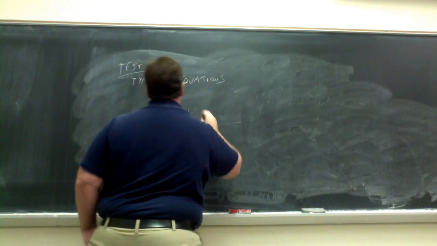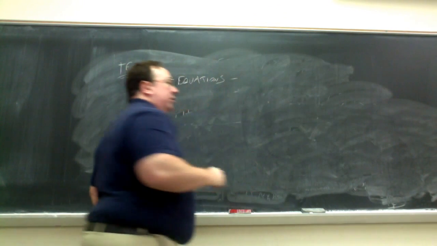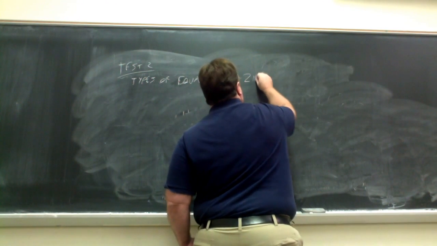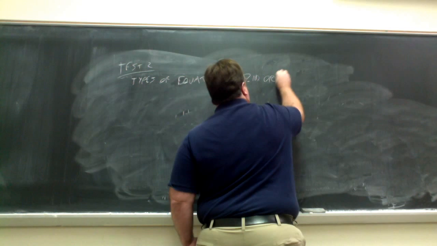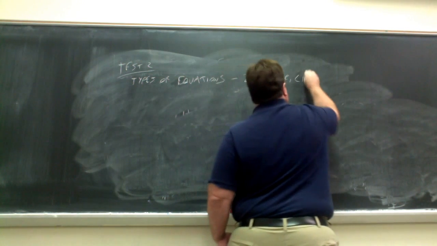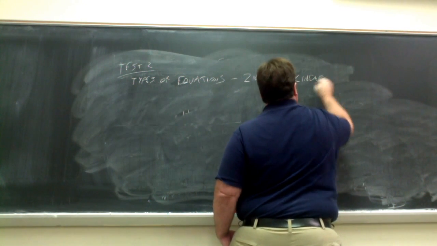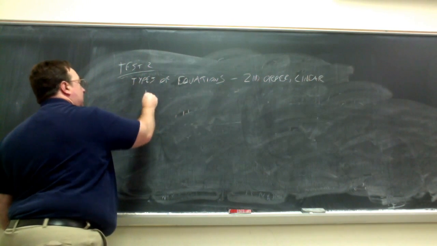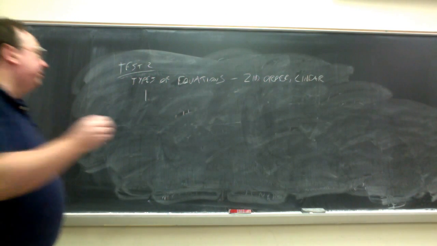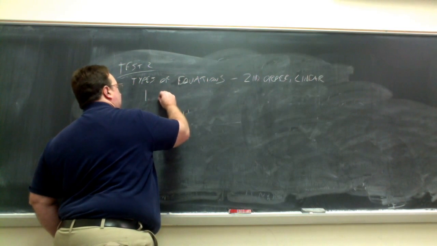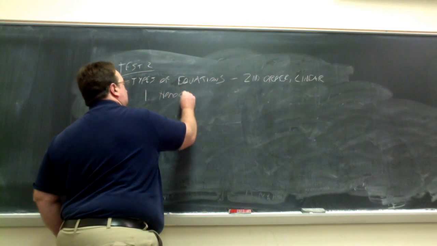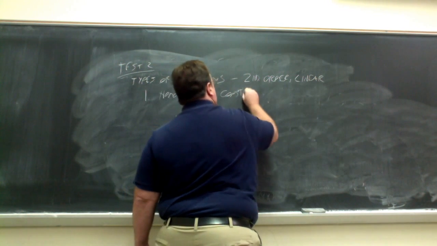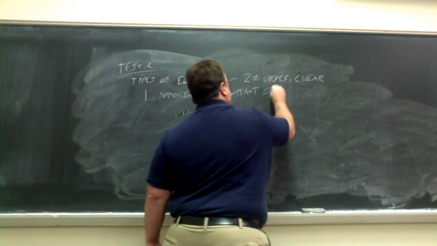Types of equations. Now, all of the equations fall into this category of second order and linear. Then let's break that down a little further. We have homogeneous and constant coefficients.